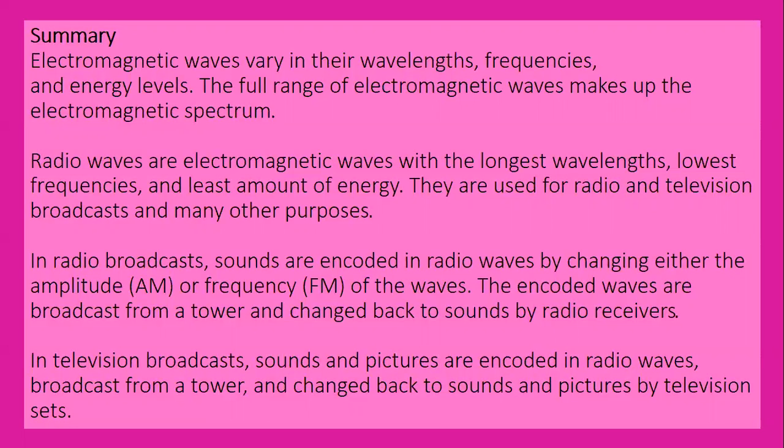In radio broadcasts, sounds are encoded in radio waves by changing either the amplitude, AM, or the frequency, FM, of the waves. The coded waves are broadcast from a tower and changed back into sounds by radio receivers. In television broadcasts, sounds and pictures are encoded in radio waves, broadcast from a tower, and changed back into sounds and pictures by television sets.